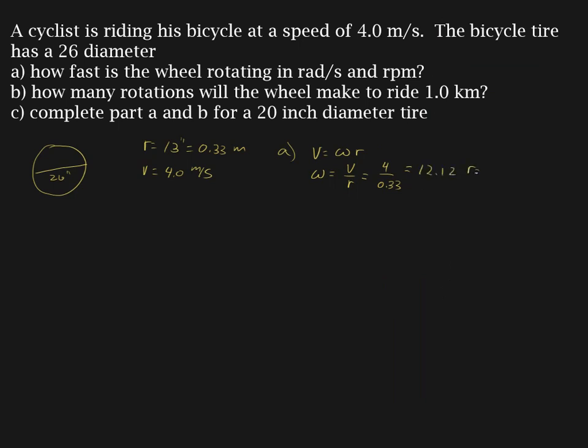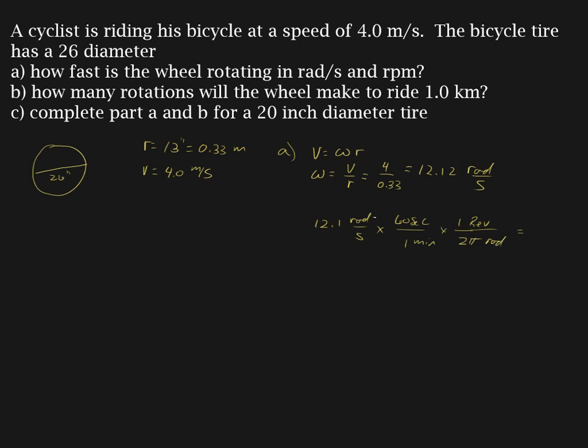12.12 radians per second. Now to convert 12 radians per second into revolutions per minute, we're going to do a conversion. This is going to be 12.1 radians per second times 60 seconds in 1 minute times 1 revolution over 2 pi radians.